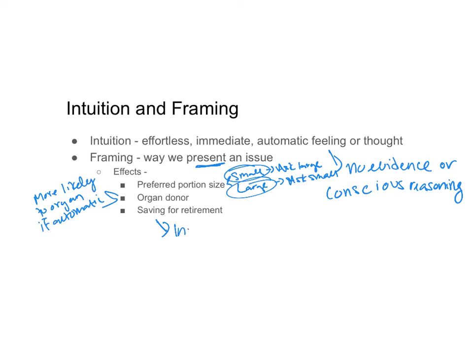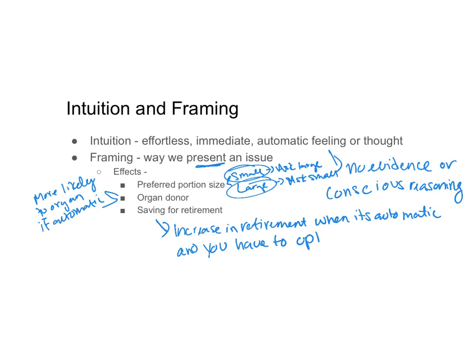And there has been an increase in retirement savings, again, when it's automatic and you have to opt out. So this is just some ways that people have used framing as a way to kind of shift societal norms.